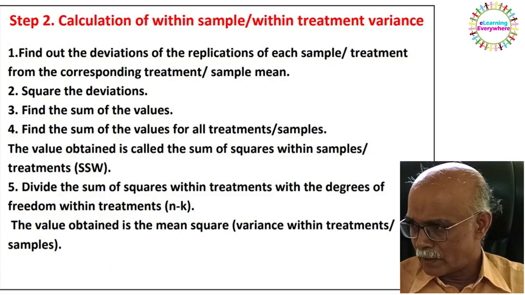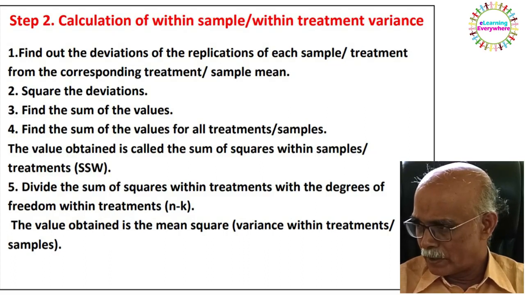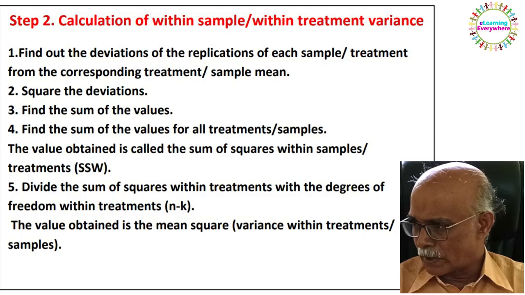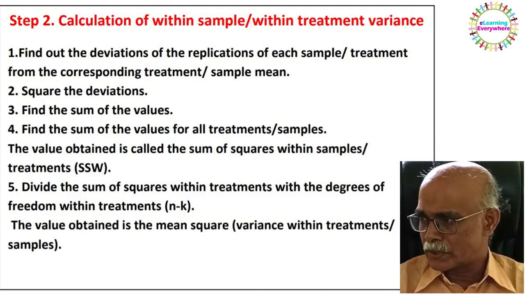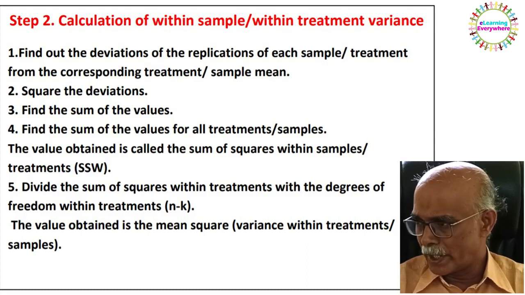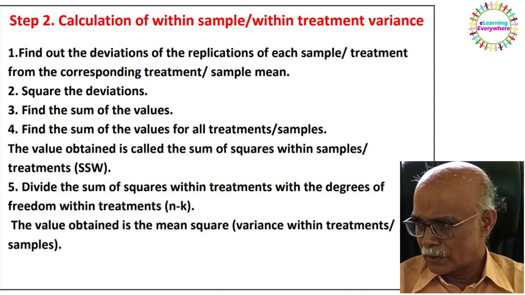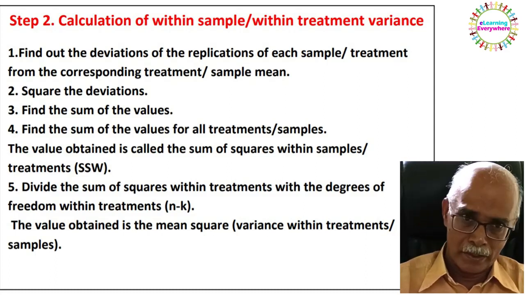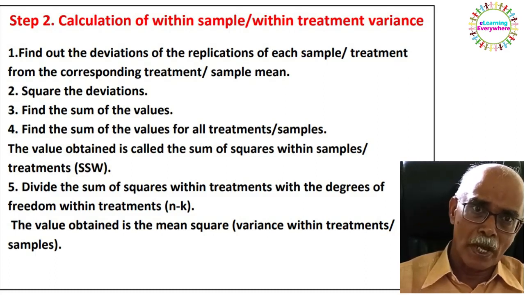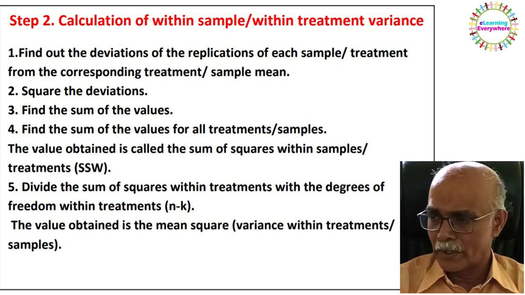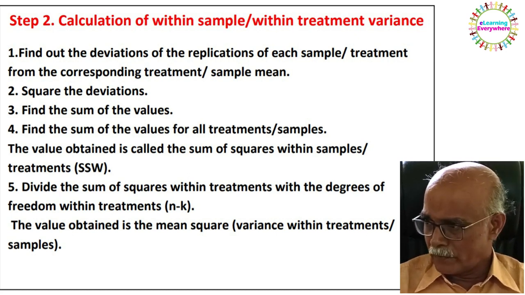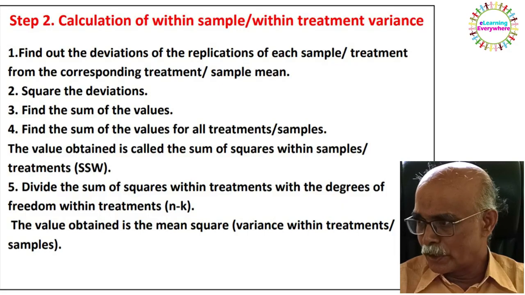When you find the total of all the treatments or all the samples, you get the sum of square values, and this is the sum of squares within sample, or sum of squares within treatment. Then you divide it by the degree of freedom.